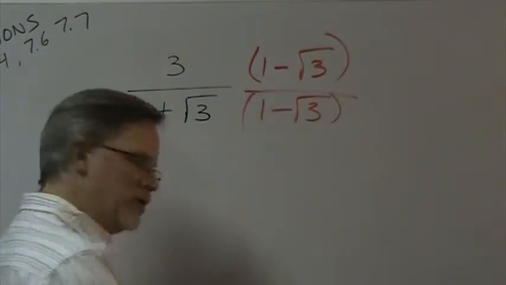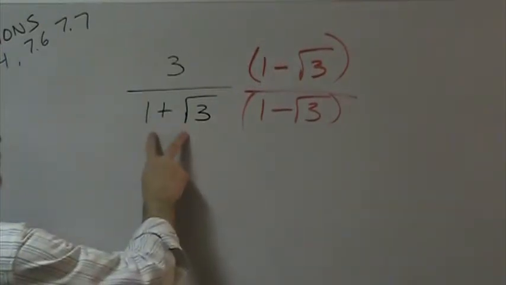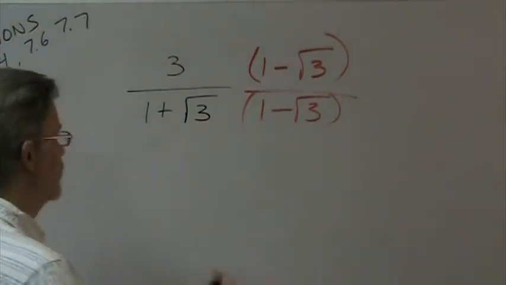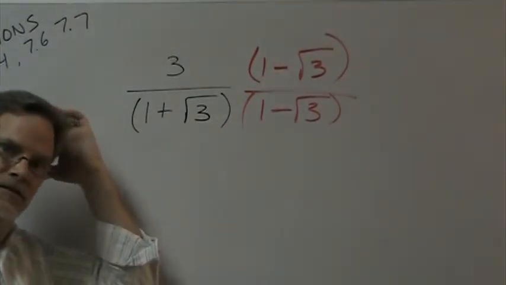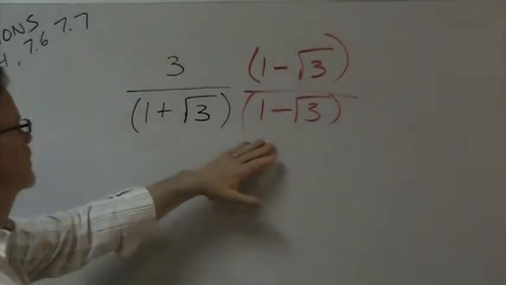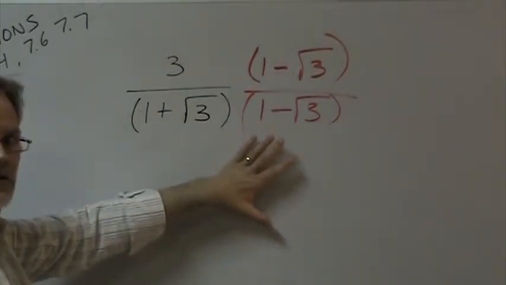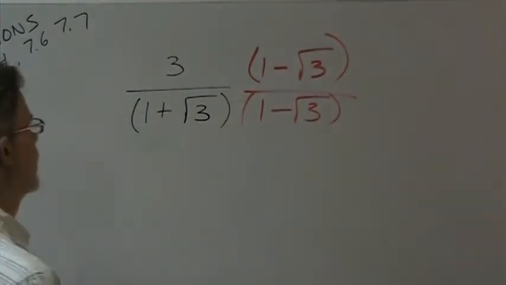Now, why would we do that? Well, the reason we do that is because when we multiply these two together, this will eliminate the radicals on the bottom. Let's watch.